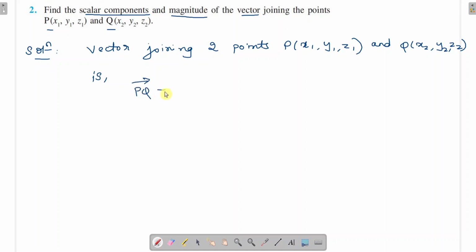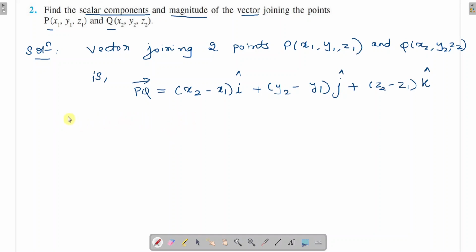So this is equal to, we take the coordinate minus the corresponding coordinate with the respective unit vector. So we get x2 minus x1 multiplied by i cap, plus y2 minus y1 multiplied by j cap, plus z2 minus z1 multiplied by k cap. This formula you have already studied.